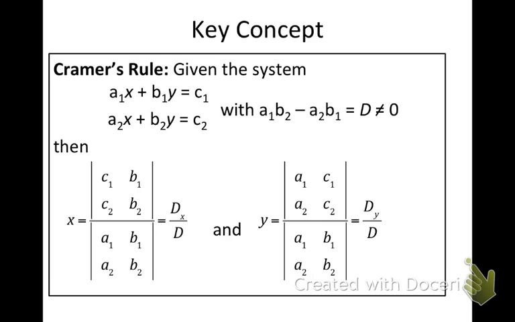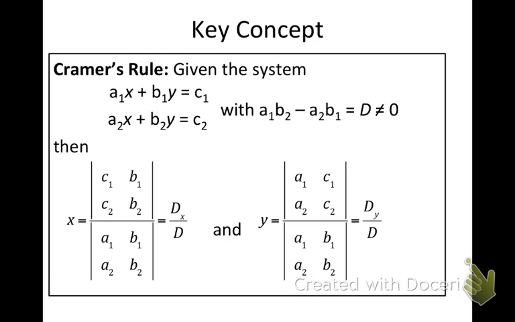Now, to be able to use Cramer's rule, we need to check that the determinant of our coefficient matrix cannot equal 0. Because remember, if it equals 0, that means there is no inverse, and we can't use matrices to solve it. It's not going to happen.